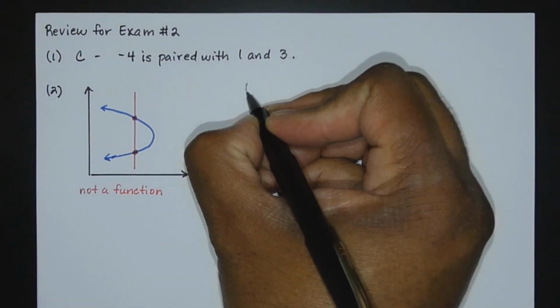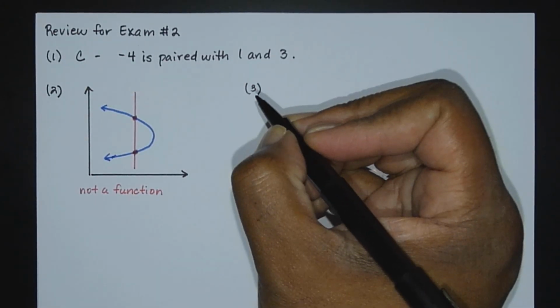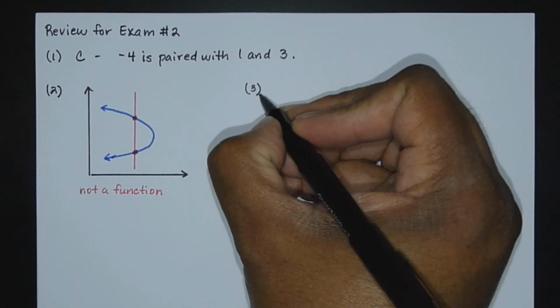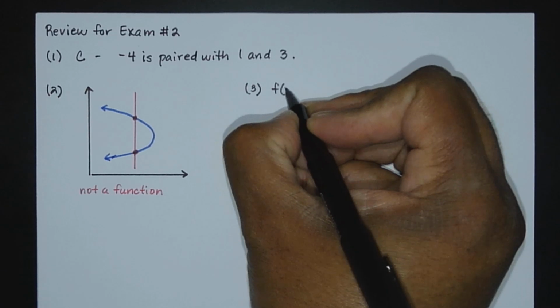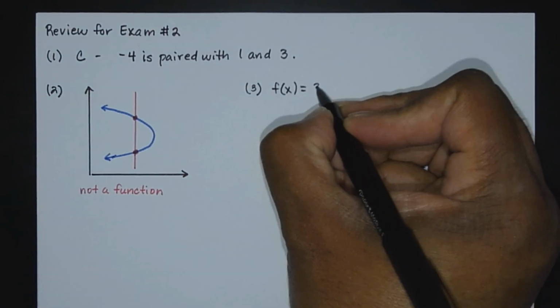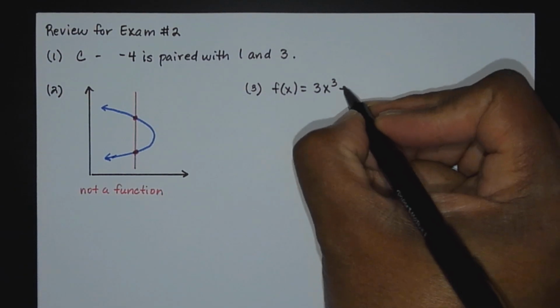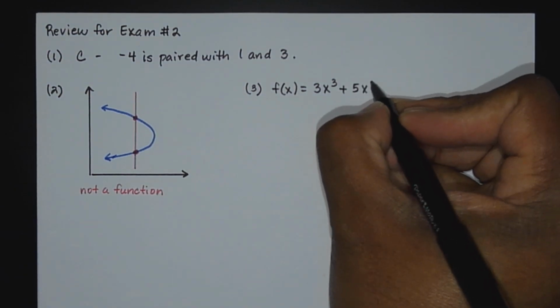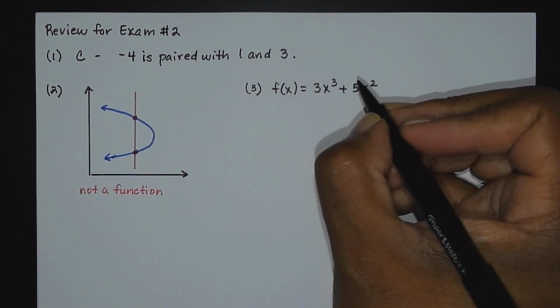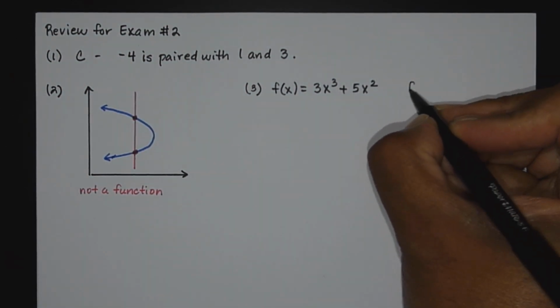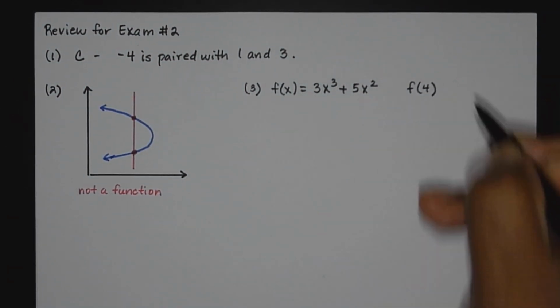Now problem number 3. Here we've got the function f of x is equal to 3x cubed plus 5x squared, and I want to find f of -4.